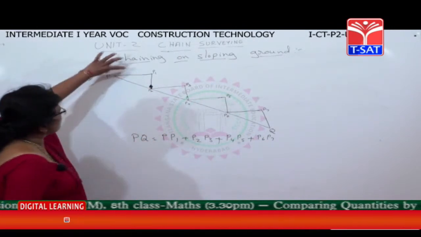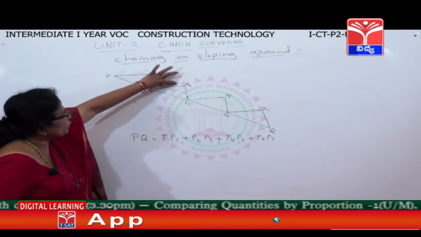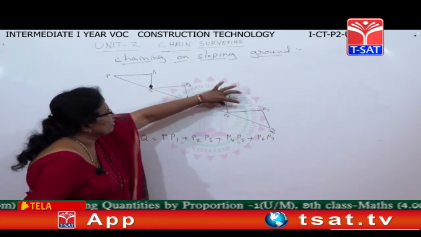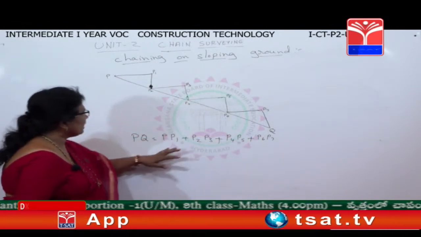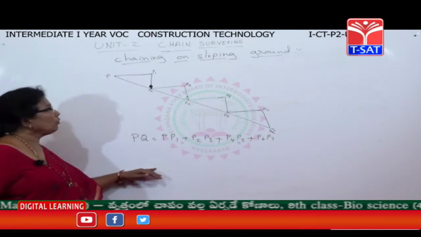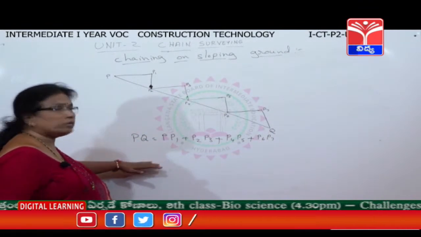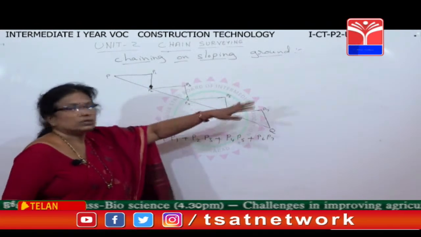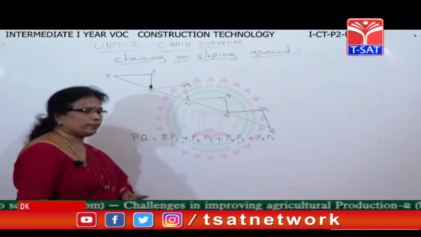When you add these distances, you will get the distance from P to Q. This is how you have to measure the distance on a sloping ground.